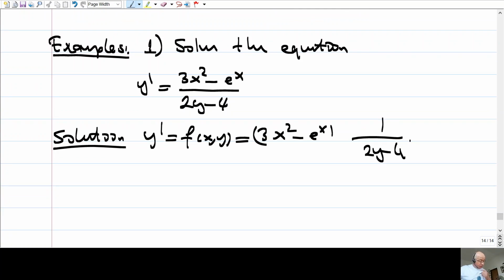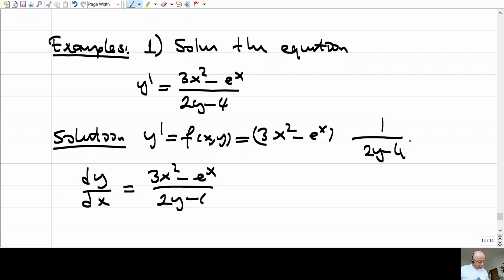And how do we solve this? So this is our m, and this will be our n, and so on. But actually, I don't have to go through all the steps. We can just do the following. You see, this is just dy over dx, and I separate the variables doing this.